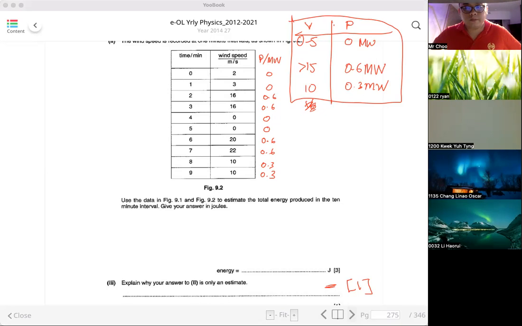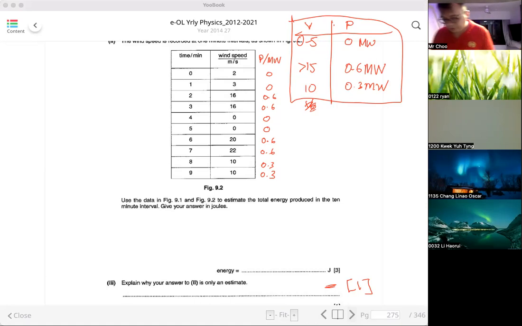Okay, how about the rest? Pei Kwan, Hao Rei, and Xiao Xing. Okay, Yiting, your part 2 is correct. Well done.